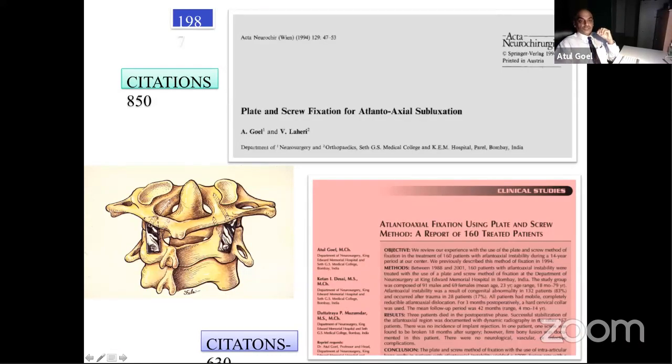So we introduced this technique of C1, C2 fixation of the facets. And as you know, this technique is biomechanically the strongest because the facetal bones are the strongest bones of the body. Transverse process is the biggest transverse process of the atlas. C2 spinous process is the biggest spinous process of the entire spine, and the facetal bones are the strongest bones of the entire body. They are of the strength of a tooth.